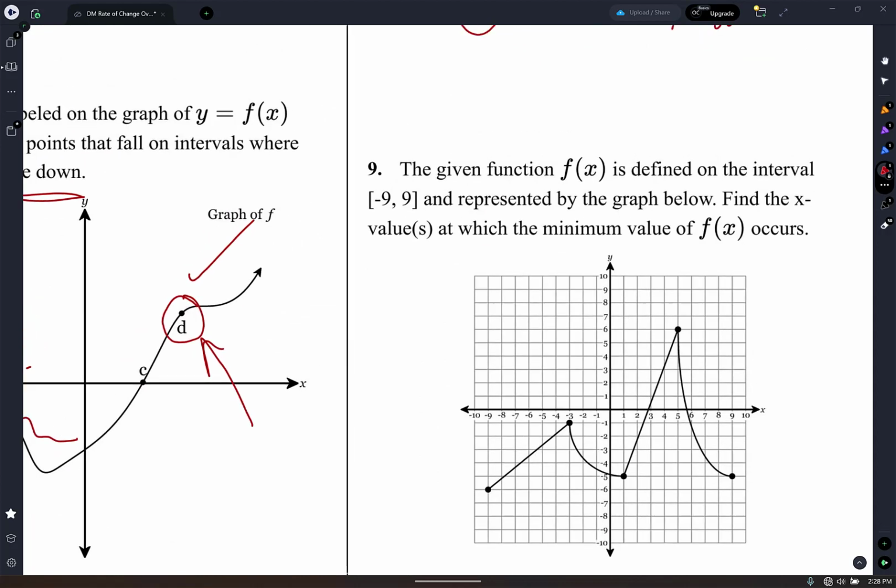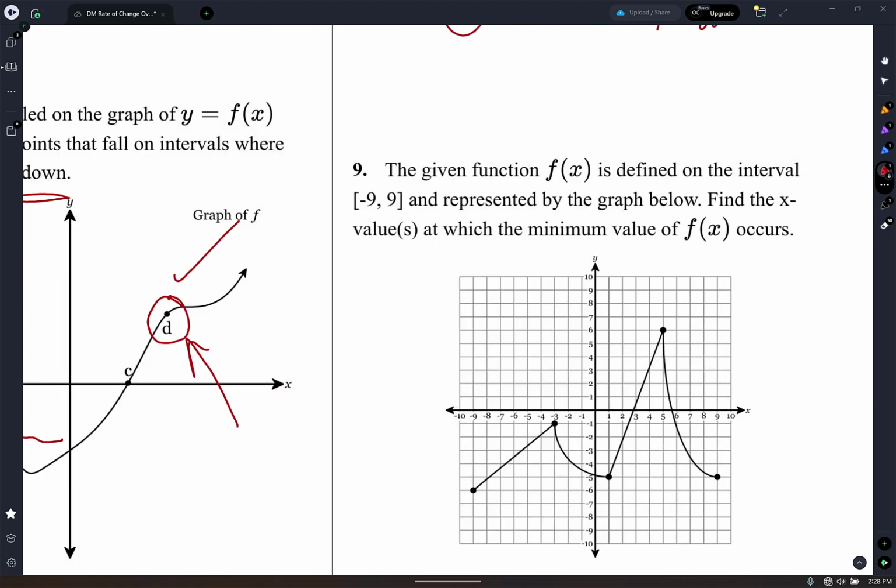All right. We're almost done. The given function is defined on the interval -9 to 9 and represented by the graph below. Find the x values at which the minimum value of f of x occurs. Where do I have minimum values? For sure, -1.